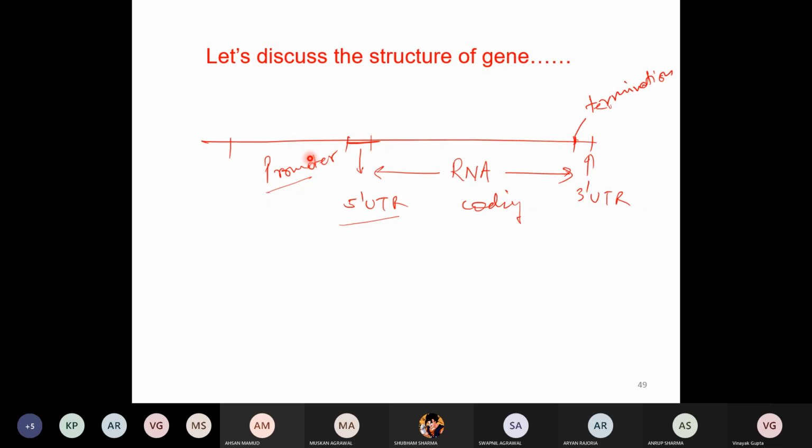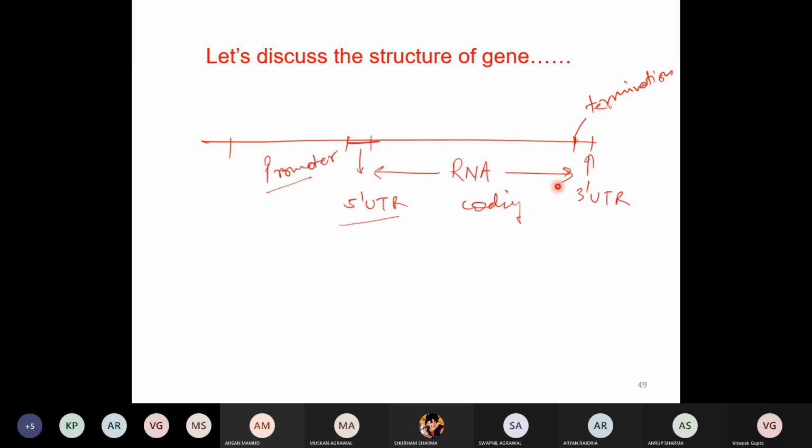We cannot use those terms here. These are clearly non-coding parts. If a mutation is in the promoter region, it is not changing any amino acid. But if a mutation is in the coding part, it is going to change the amino acid in the protein. That's why all those mutation types are restricted to the RNA coding region.